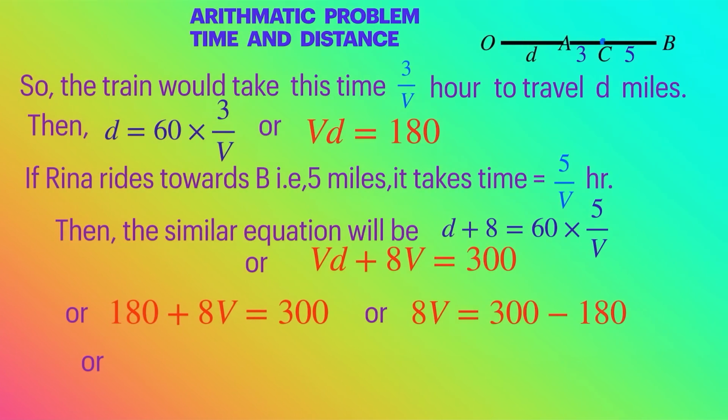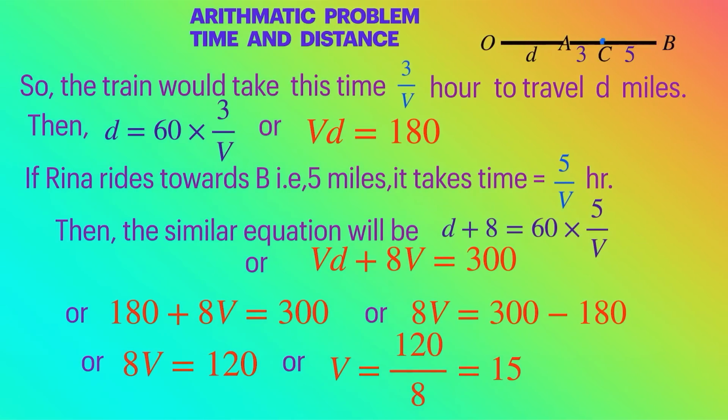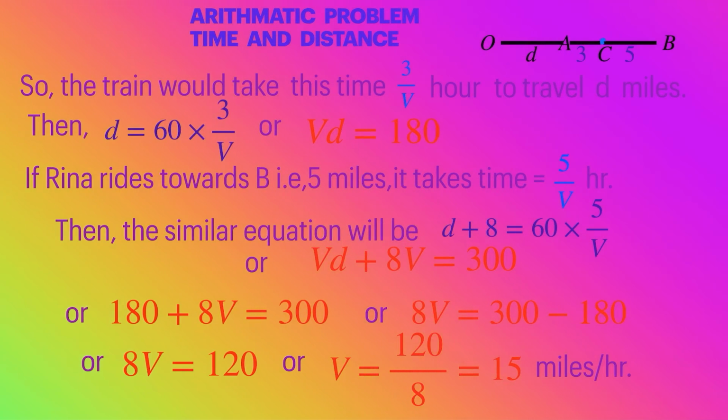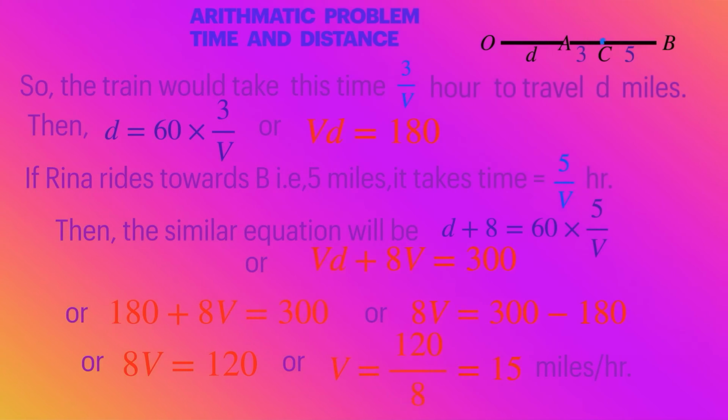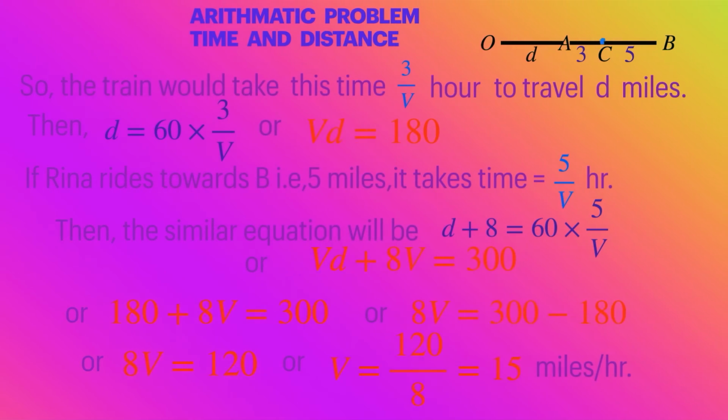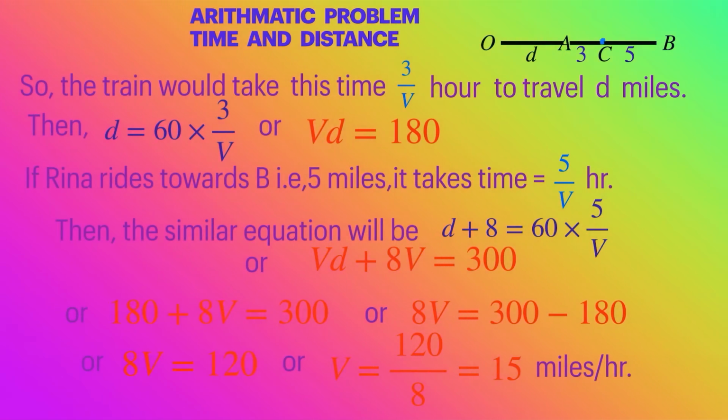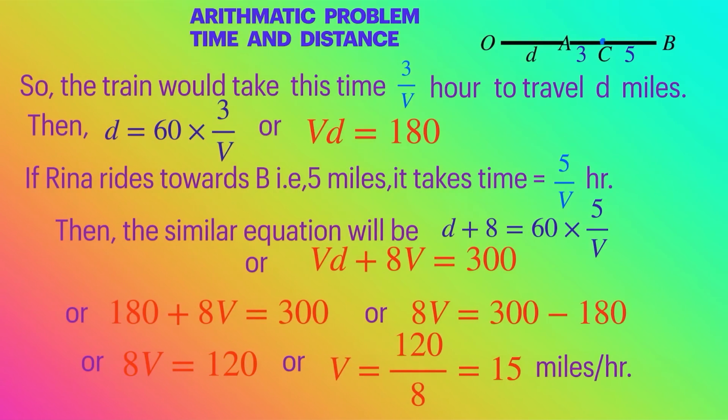Simplifying, we get 8v equal to 120, or v equal to 120 by 8, that means 15 miles per hour. That will be the answer, the top speed of Rina. So this is the solution for the common approach.